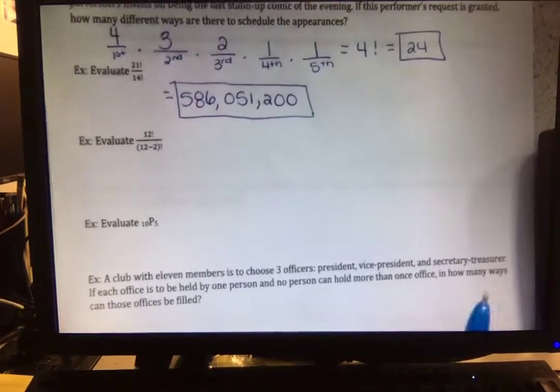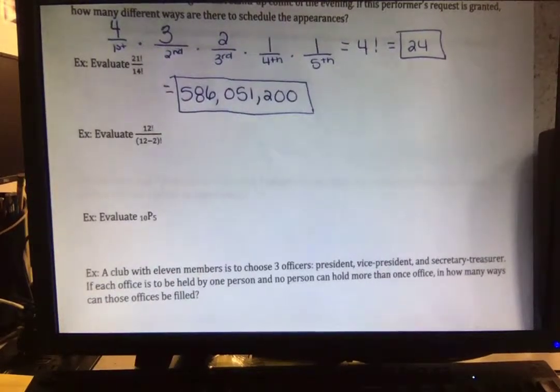All right, so evaluate 12 factorial divided by 12 minus 2 factorial. Again, we can put this straight into our calculator exactly like we see it, parentheses and all.